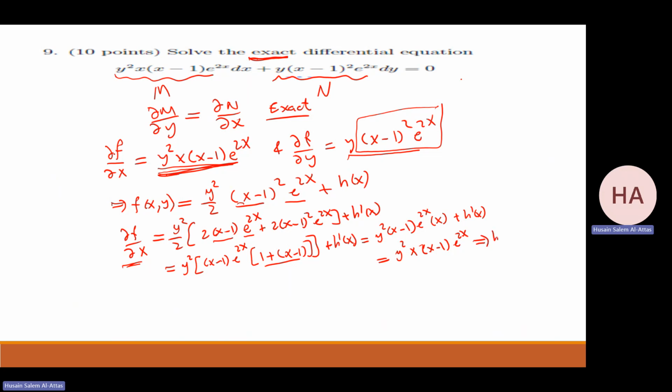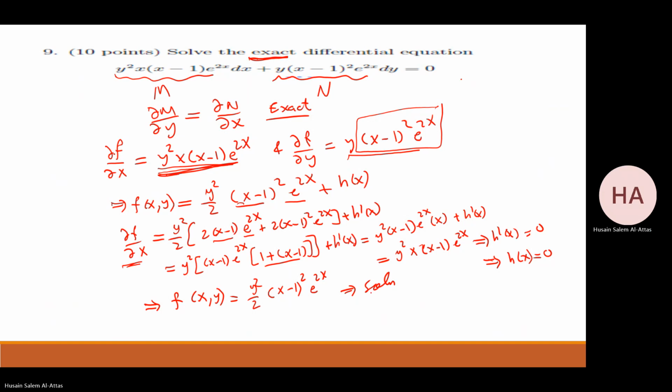That means h prime of x equals 0, so h of x will be 0. I don't need the c. So my function will be y squared over 2 times x minus 1 squared e to x plus 0. My solution will be f of x and y equals c.